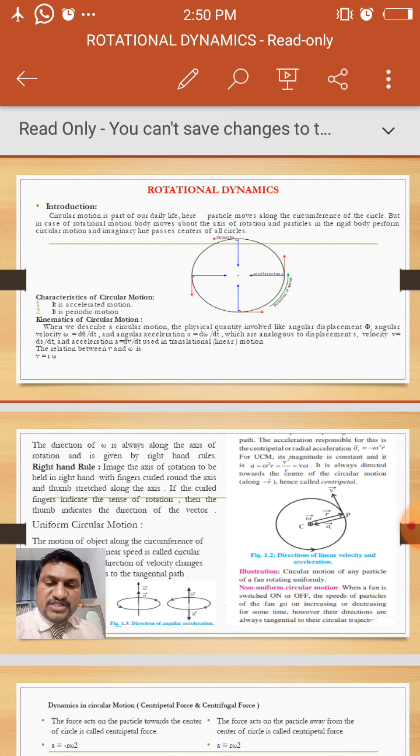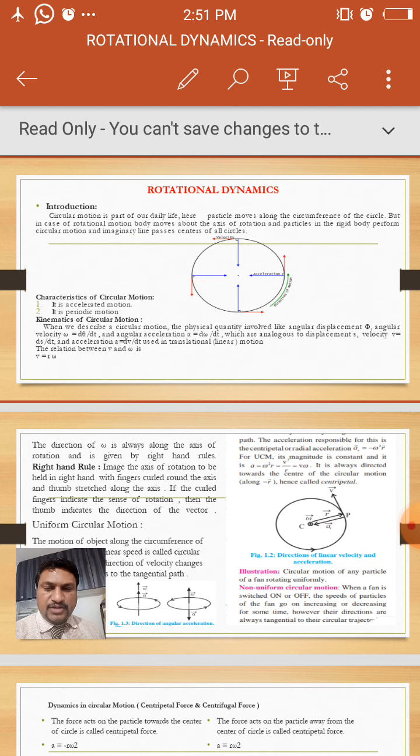By considering this fact, circular motion is classified into two categories. Number one, uniform circular motion, and number two, non-uniform circular motion. In uniform circular motion, the object moves along the circumference of a circle with constant linear speed.